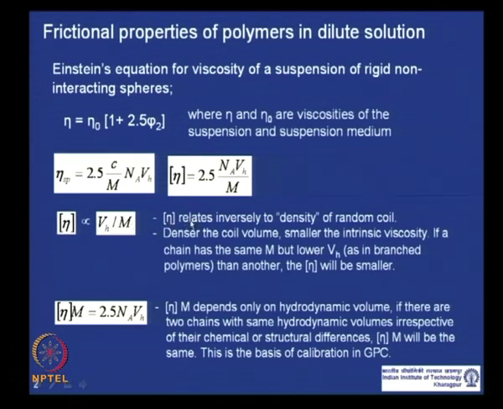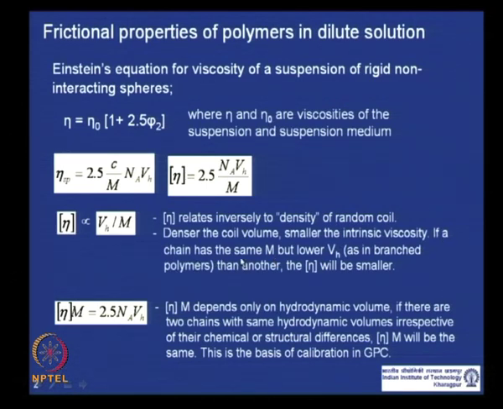That means intrinsic viscosity relates inversely to the density of the random coil. So, the denser the coil, the smaller the intrinsic viscosity, as we have been discussing earlier.